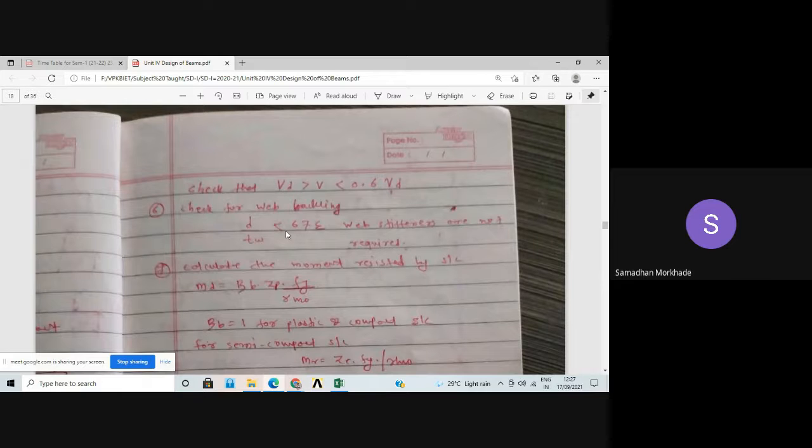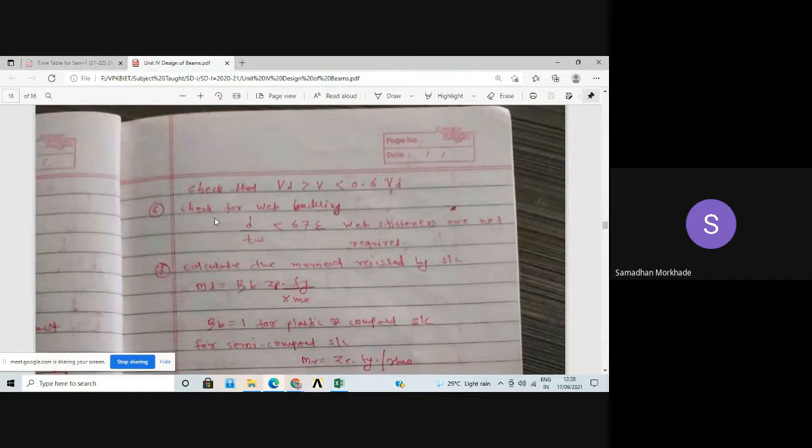ISMB 600, ISWB 600, sections more than that are not available with us. Okay, if the requirement of the depth is more than 600, then in that case we have to fabricate our own sections, and that will become your welded sections. Then for that, alpha LT is 0.49, the imperfection factor, because in that case we make the section ourselves in the workshop. Then step number 7.